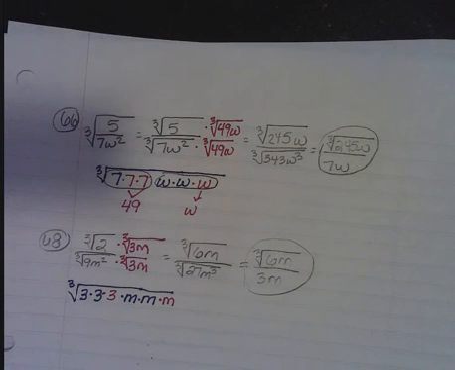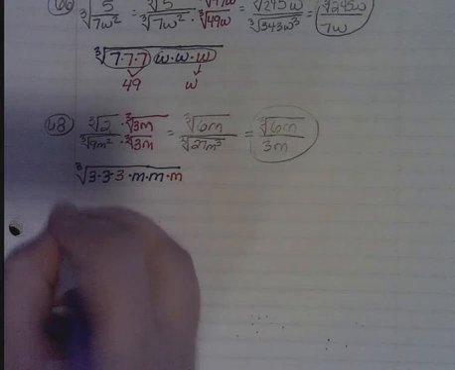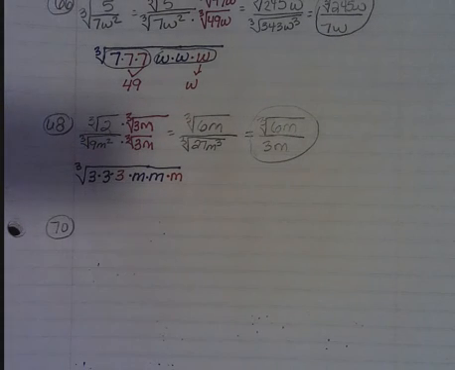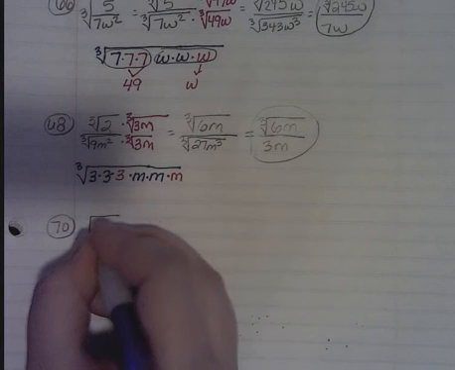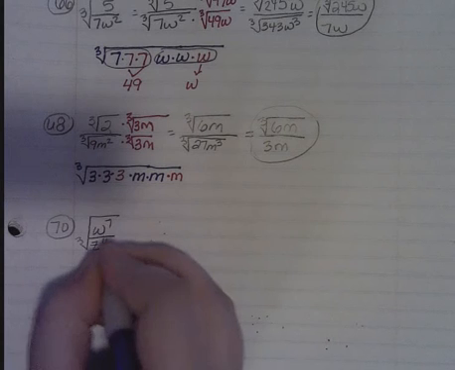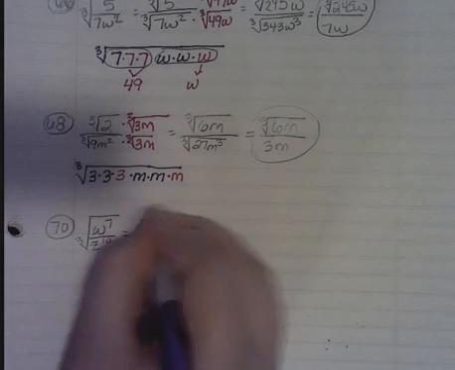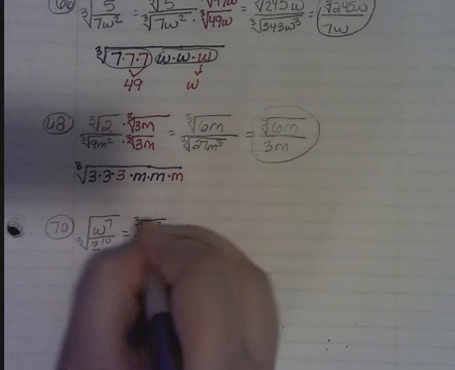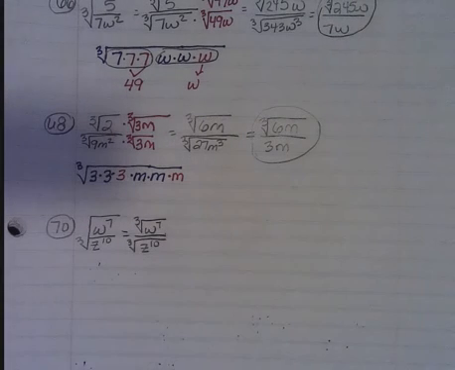Now we're going to move on to the final problem in this section, which is number 70. Number 70 says I have the cubed root of w to the 7th over z to the 10th. My z's look a little funky. I do it so they don't look like 2's. So I'm going to break this up to be the cubed root of w to the 7 over the cubed root of z to the 10.